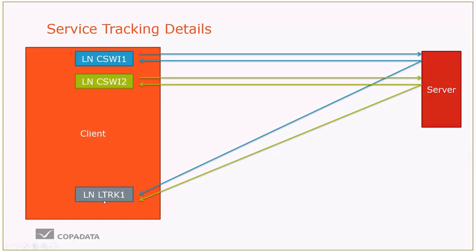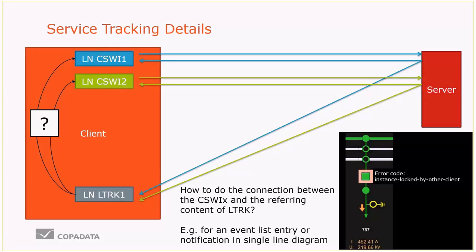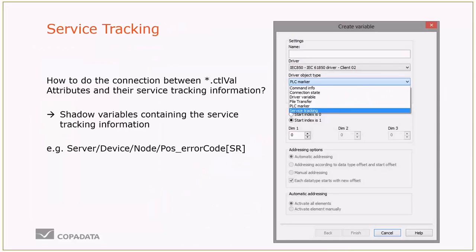So, for instance, this is the same variable giving information if this switch was successful. So how to divide that information, for instance, for a single line diagram or for an event list? And what we did is we introduced so-called shadow variables, and we tell the driver about information of the service tracking.